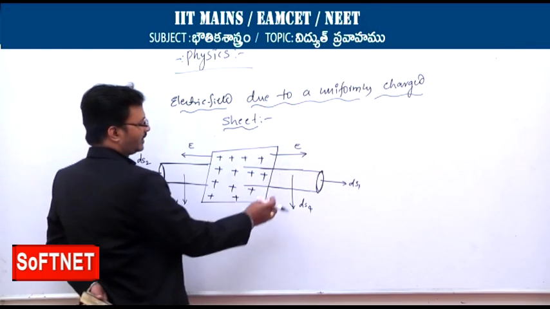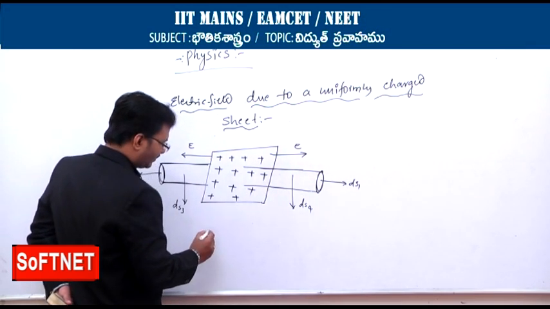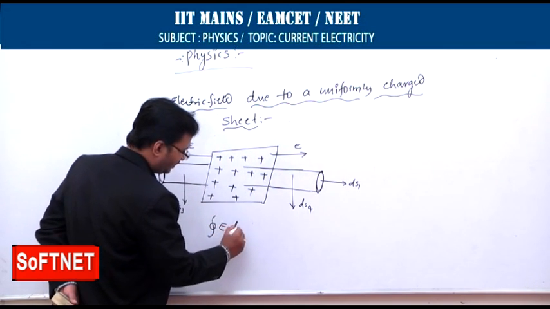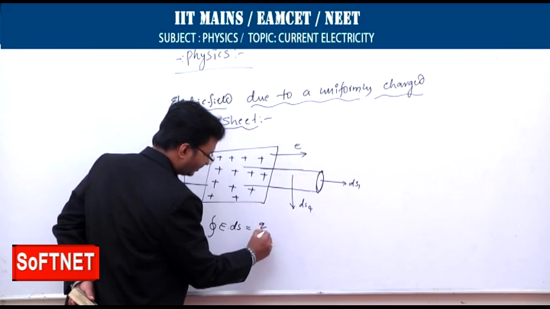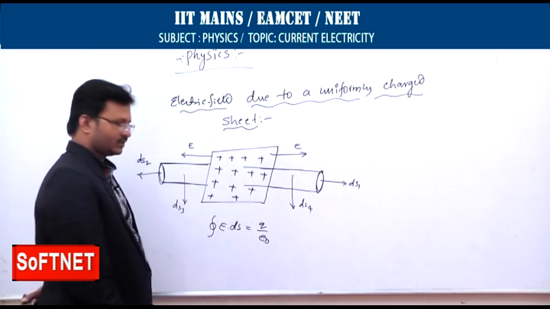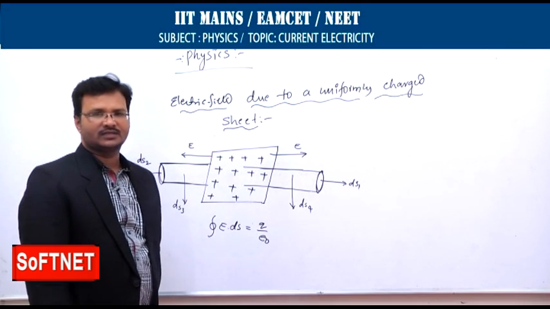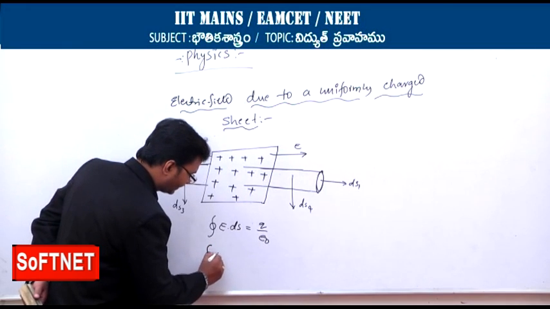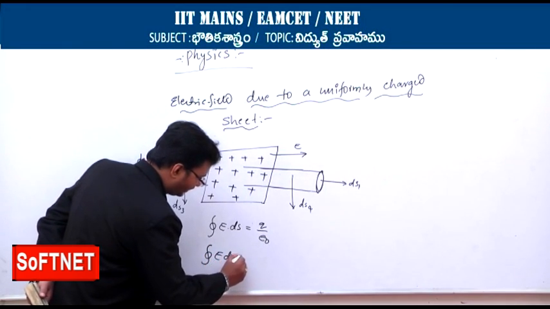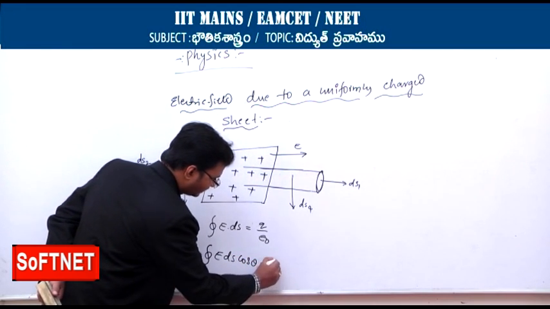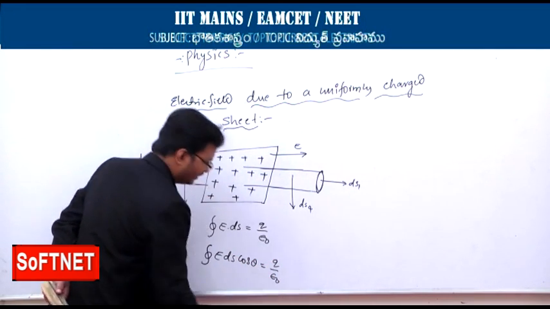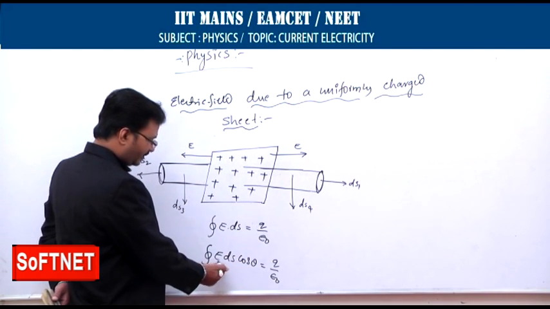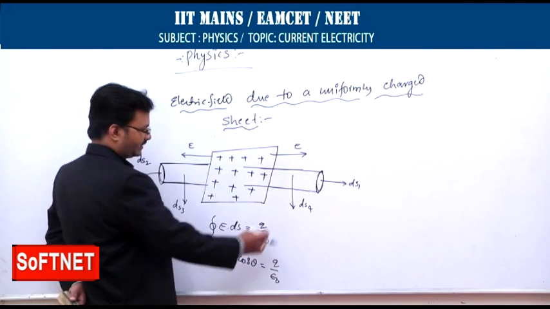Already we know the flux passing through a closed surface. What is the formula? Closed integral E dot ds is equal to q by epsilon naught. This is the flux passing through a closed surface, Gauss law. We can write this as E ds cos theta equals q by epsilon naught. Here theta is the angle between the electric field vector and the surface area vector.